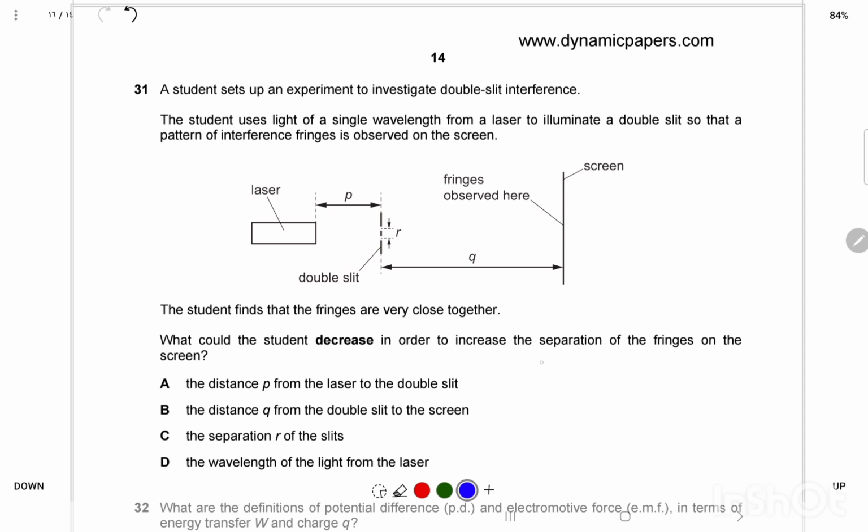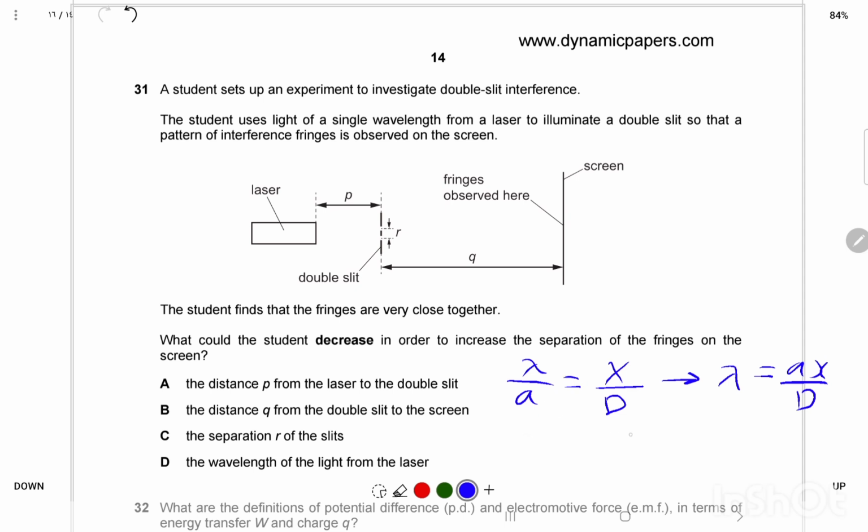Here you have to write the formula. Lambda over A is equal to X over D. If you rearrange it, you can write lambda equals AX divided by D. But here you are given different letters from the formula in the textbook.